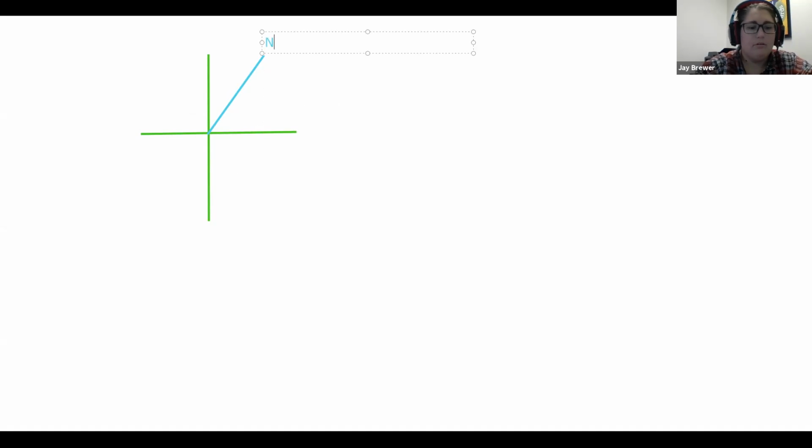So if we draw, right? And then we have our plane. We'll say our plane is blue. It heads off in that direction, which is labeled north 20 degrees to the east.